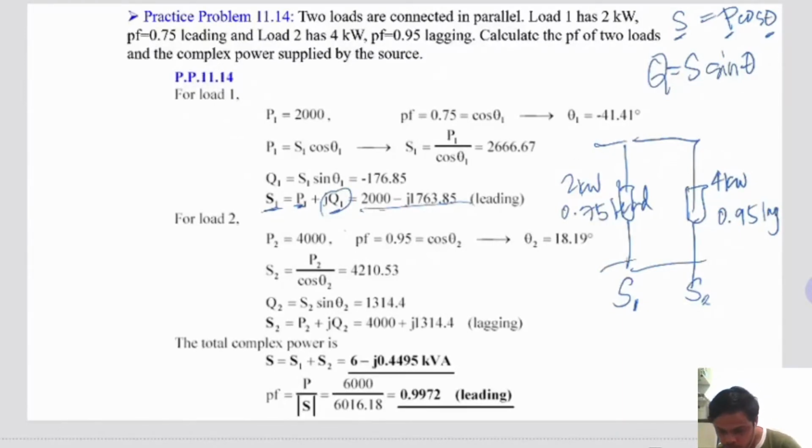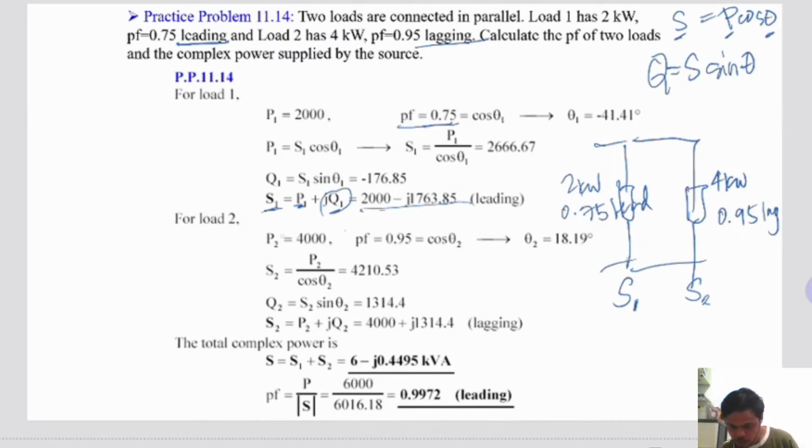Take note also that when you convert your power factor angle, you have to take note of this term, the leading or lagging.